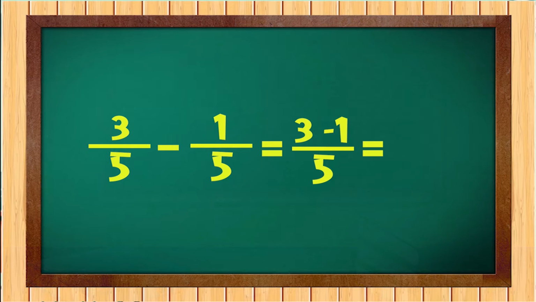We replace the common denominator. When we take 1 from 3, what would our answer be? Our answer will be 2. So 3/5 take 1/5 will be equal to 2/5. We can write that fraction on the answer line because it is expressed in its simplest form. We do not have to reduce it to lowest terms. Let's look at example 2.